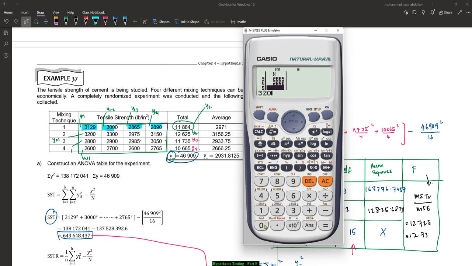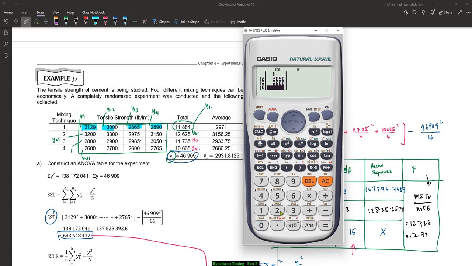The next row 3300 and 2975, 3150, and then this is the second row. 2800, 2900, 2985, and then 3050. This is for third row, right?